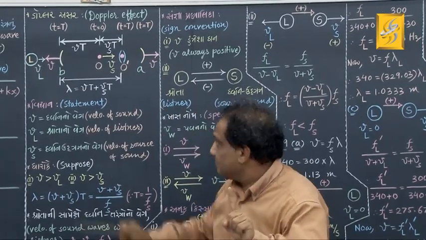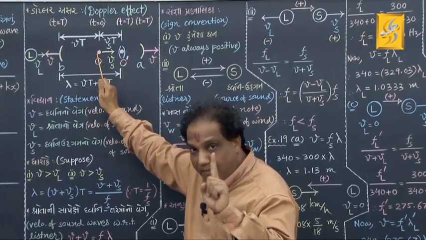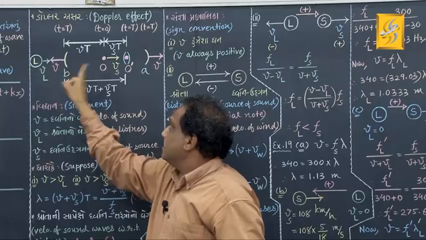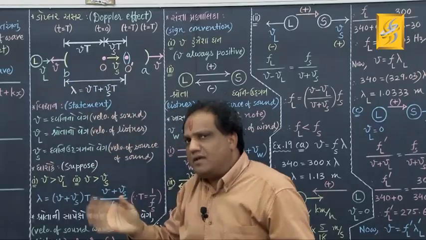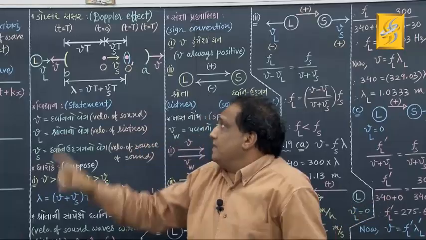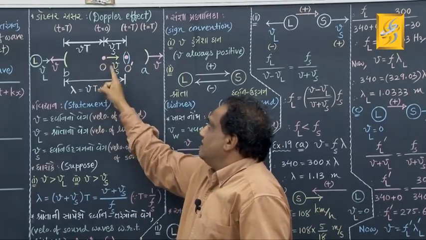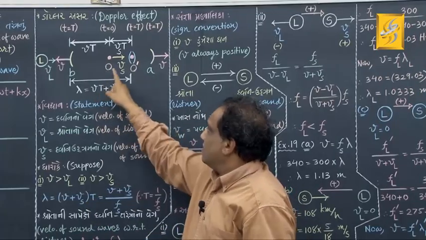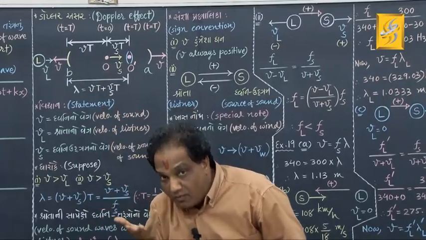What I mean to say, the first sound wave emitted from the source, it travels this much distance on left side and this much distance on right side. But because in both the directions the velocity of sound is same, this distance OA and this distance OB are same.